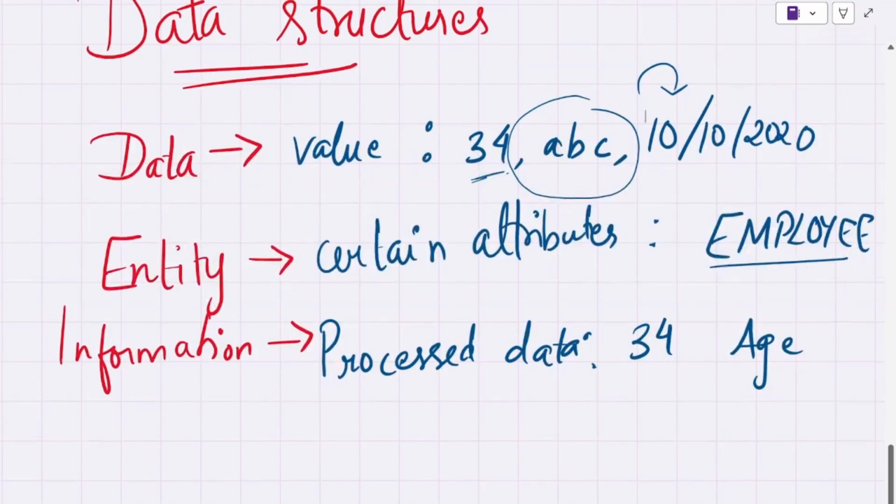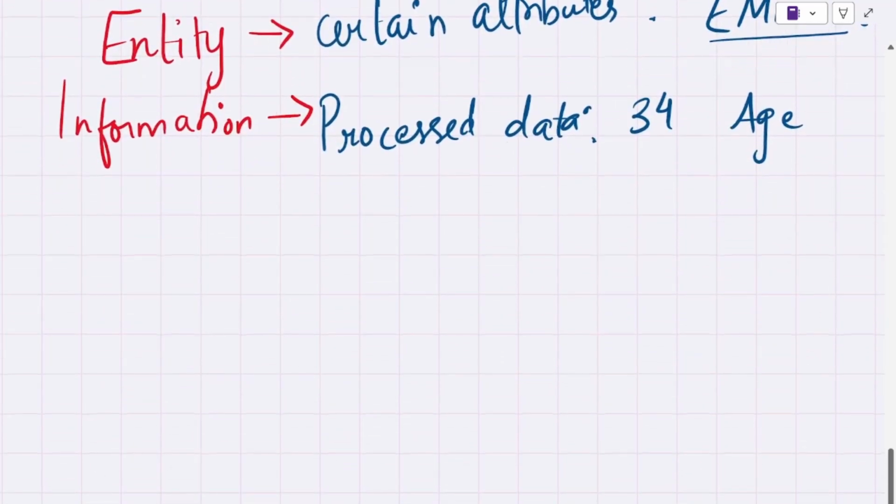Now since you know what data, entity, information is, we can learn what data structure is. So we have the data and the structural representation. What is it? Structural representation of the logical relationship between elements of data.